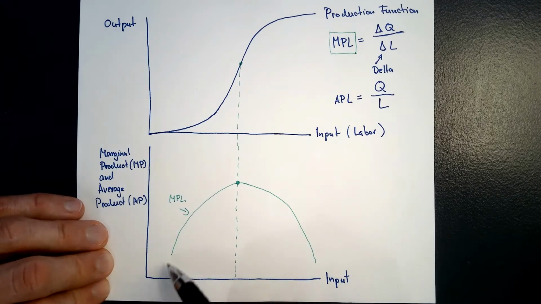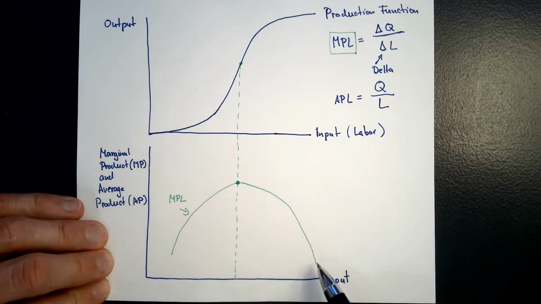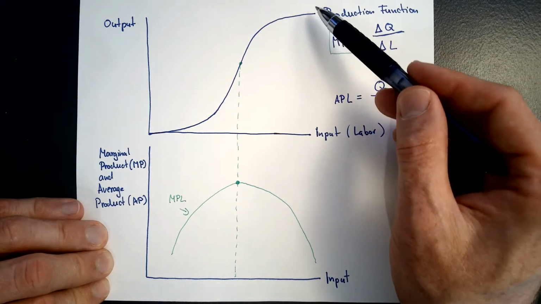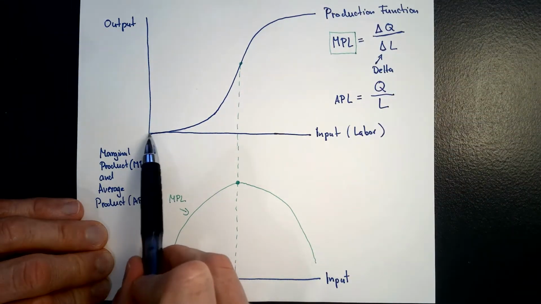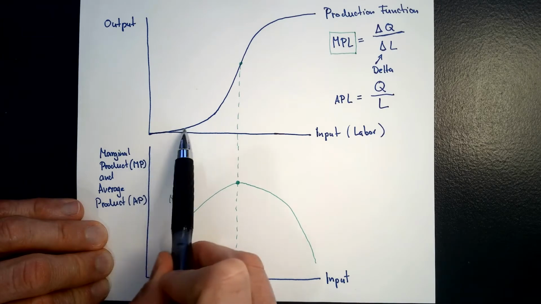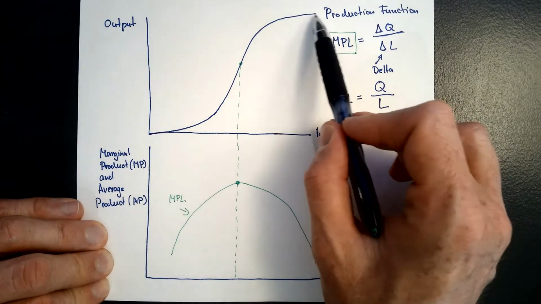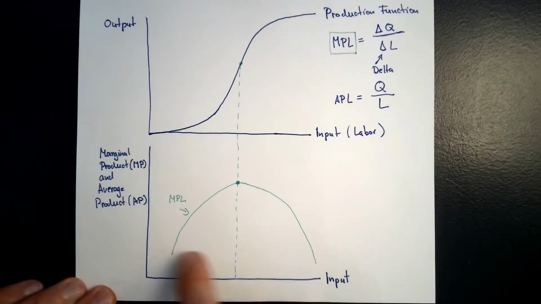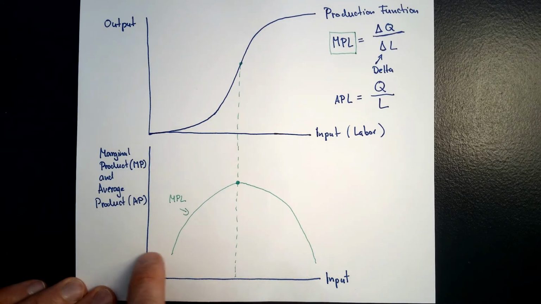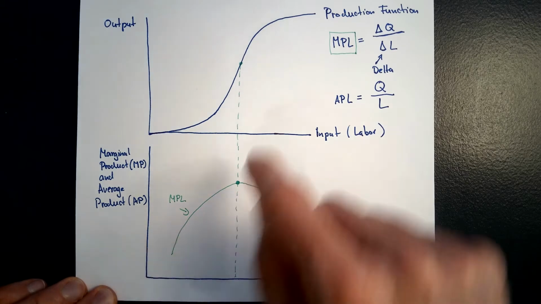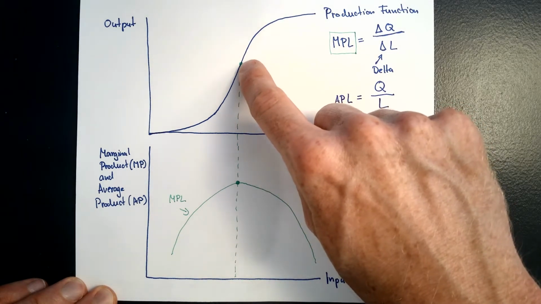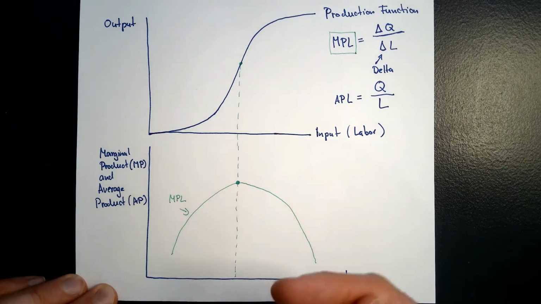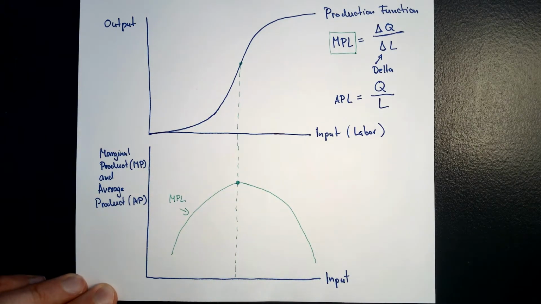Think about this graph representing the slope of this line. We said that the marginal product of labor is very small here and very small here. This is represented by the fact that the marginal product of labor down here is very low, whereas it is very high, or maximized, here, and hence we have the maximum slope at this point.